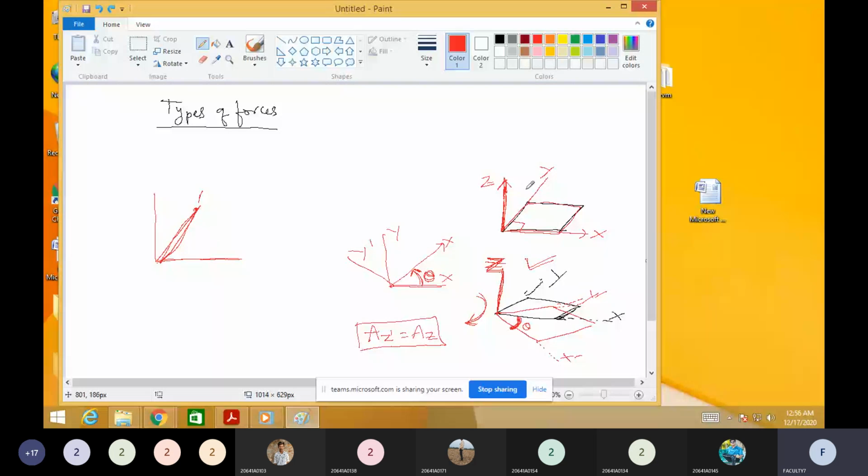Now here, what I had explained previously: you consider that you are moving from point O, the origin, and you moved a certain distance, some 800 meters along the x-axis. From there you diverted your direction and moved a certain distance of 600 meters.